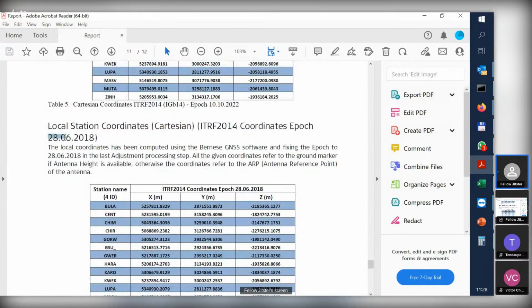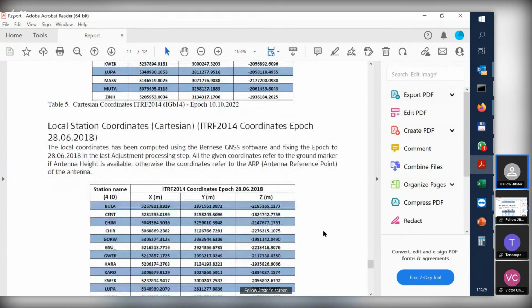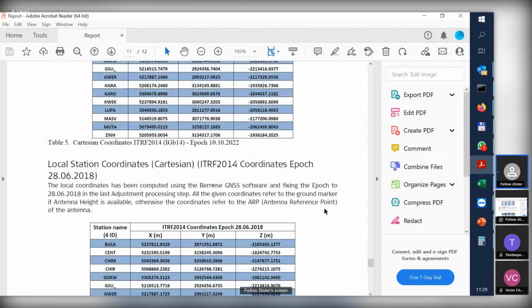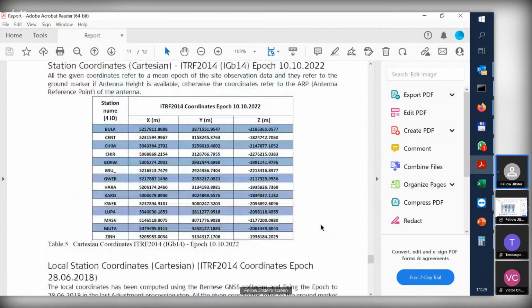Actually, it's good. It's 28th of June. Since we want to combine your network together with the DSG network, we need to move these stations to the common ITRF realization and epoch. And this is called a reference epoch. So the reference epoch is different from the epoch of observation.